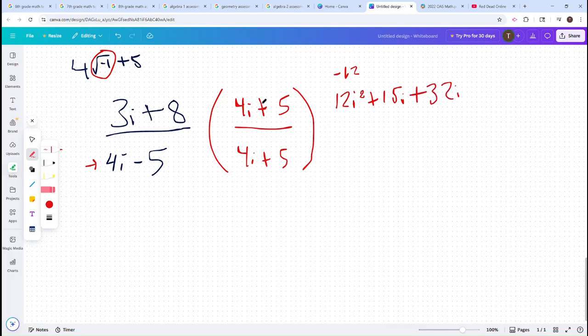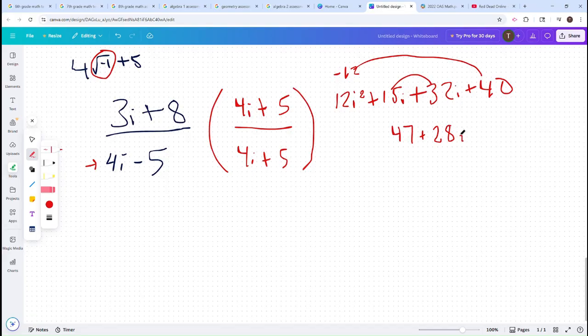And at the end, we've got 8 times 5, that's 40. So we can combine these, and we can combine these. And when we do, we get 32 plus 15, which is 47. And we got 40 minus 12, which is 28.